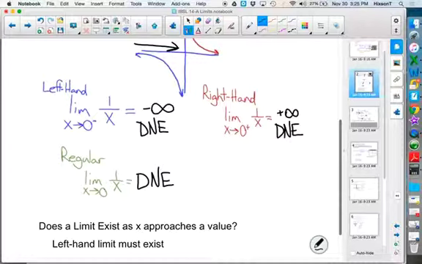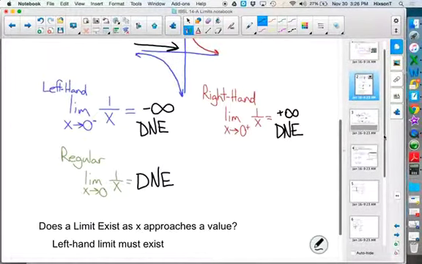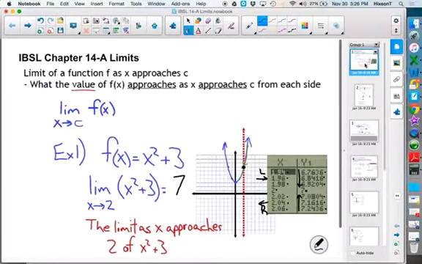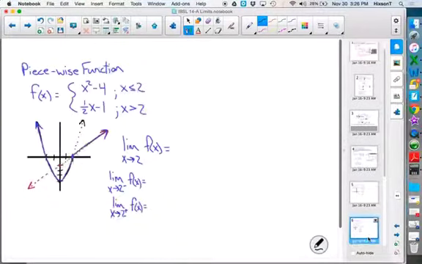So now, there's a question that kind of comes up here. We saw our first example, and hey, it ended up being an actual point on the graph. We could have just plugged in 2 and figured out it was 7, right? Can you not always do that? Well, that's what we're kind of addressing here. Here's another one where the limit as we approach 2 from the left is 0.